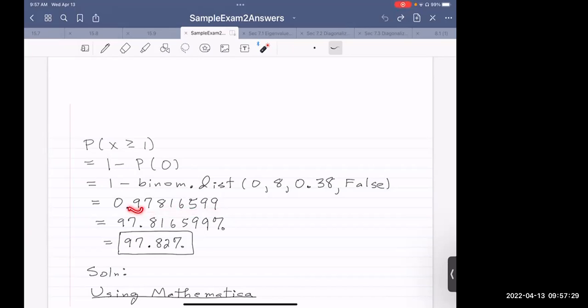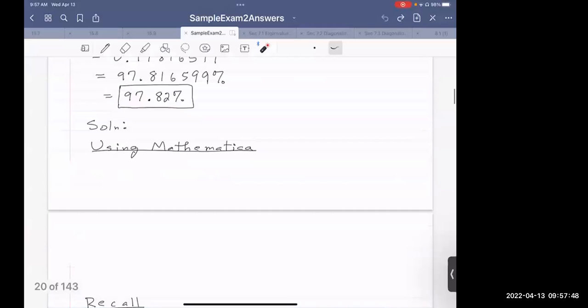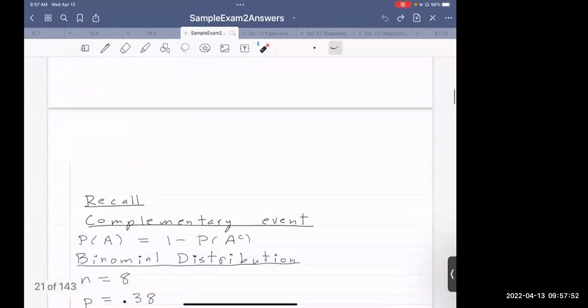Let me move my decimal place 2 places to the right. And so I have here 97.816599%. Rounding to the nearest hundredth of a percent, I have here 97.82%. So I can use Mathematica to do this.